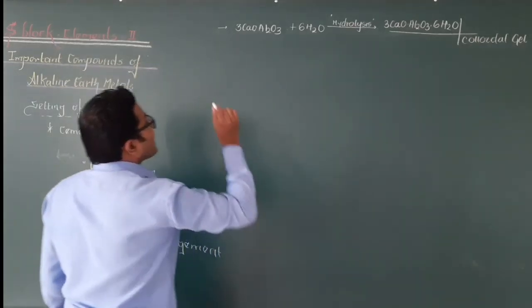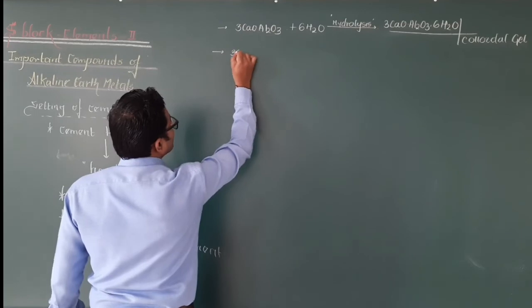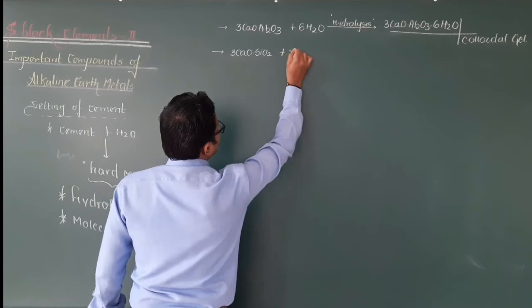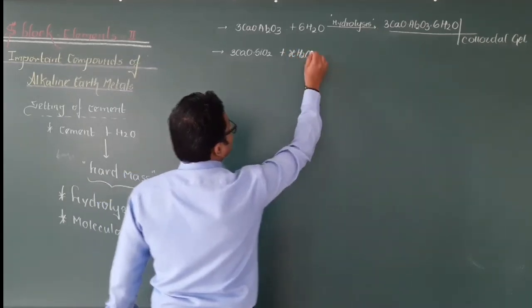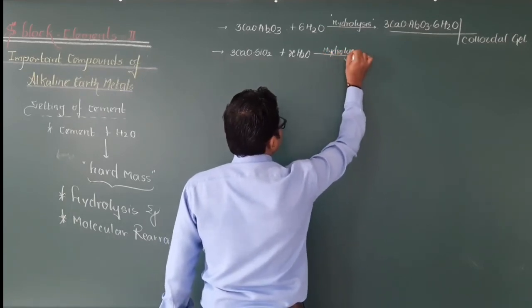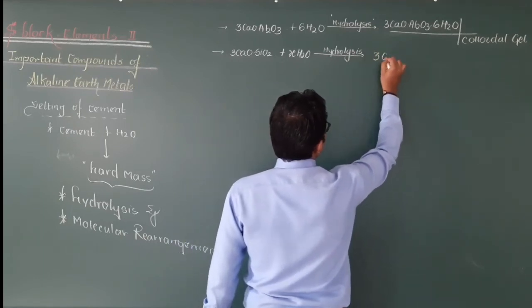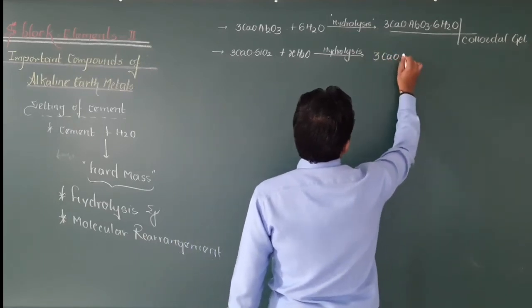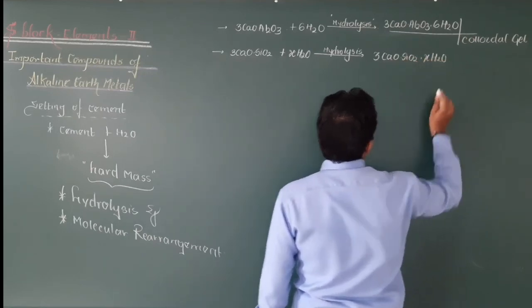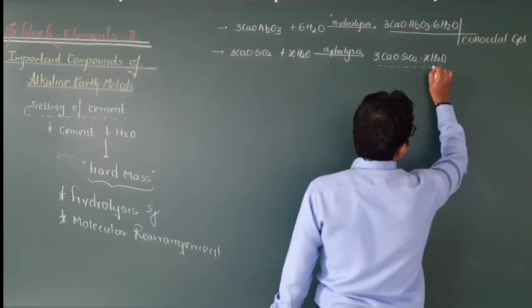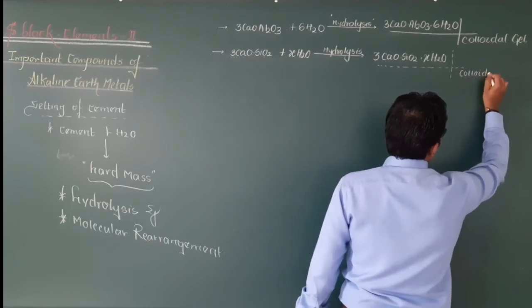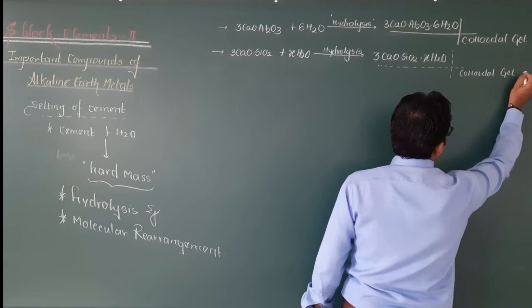Similar reaction happens upon hydrolysis of tricalcium silicate. What we get here is 3CaO·SiO2·xH2O, with x water molecules as water of crystallization, and this again is formed in a colloidal gel type.